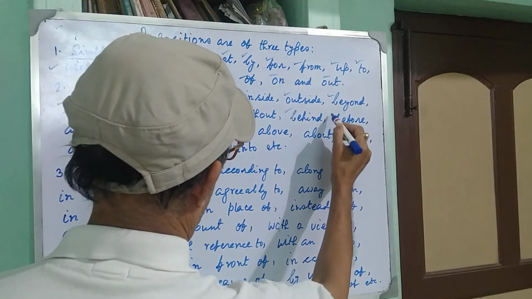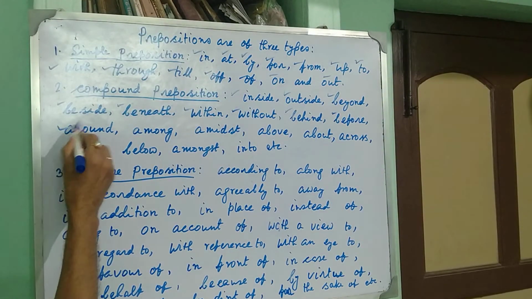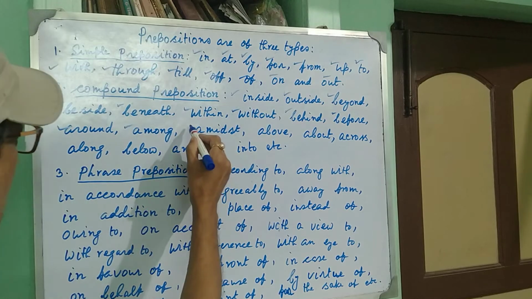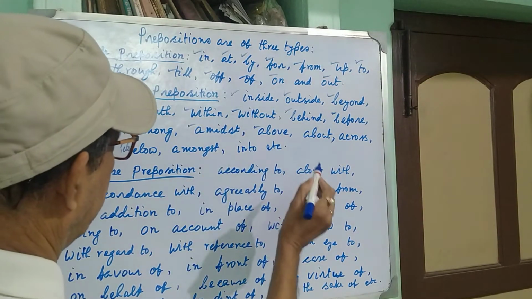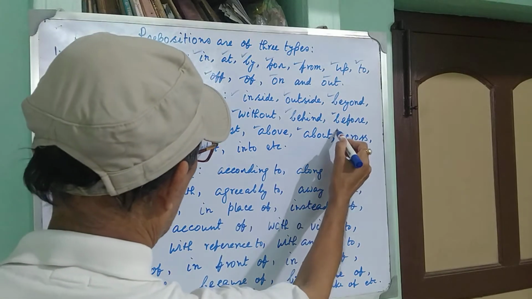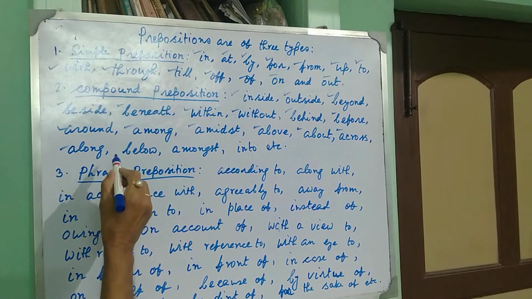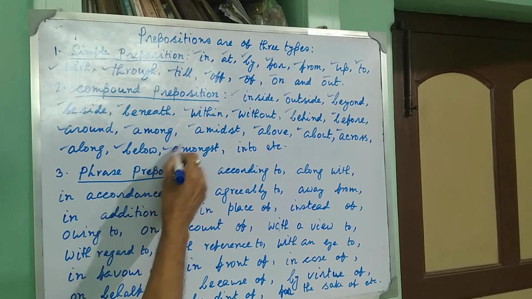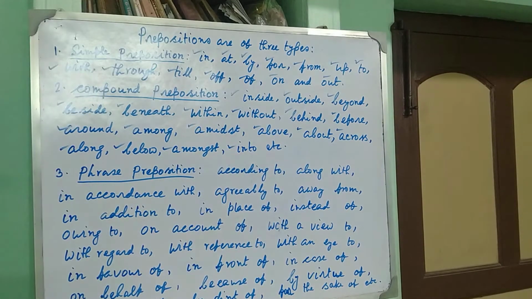Behind, before, around, among, amidst, above, about, across, along, below, amongst, into, etc. So all these are compound prepositions. Please write them down in your exercise book or khata. Clear? Now come to the third category of preposition.